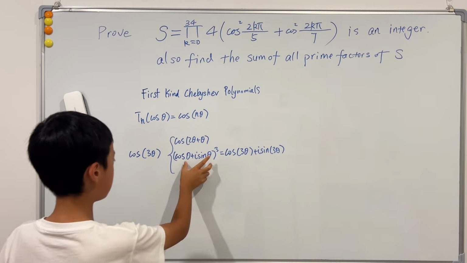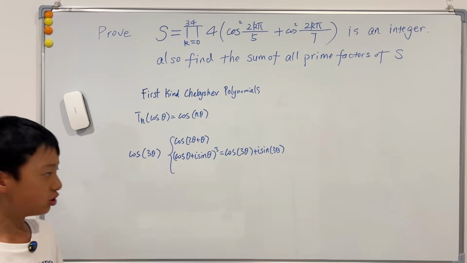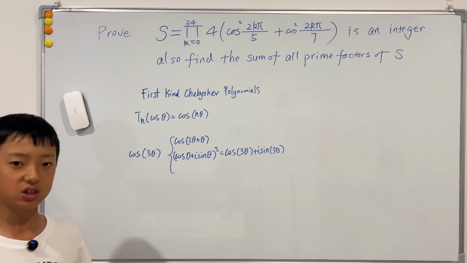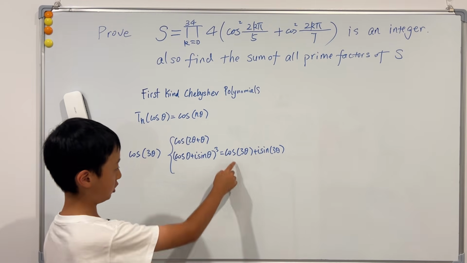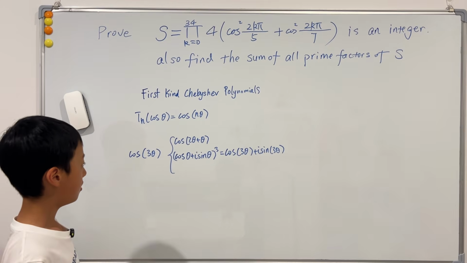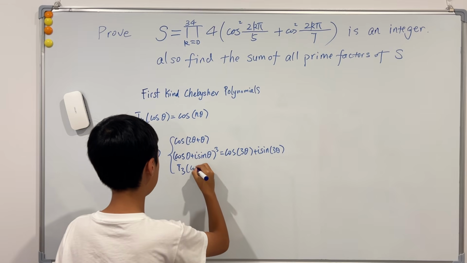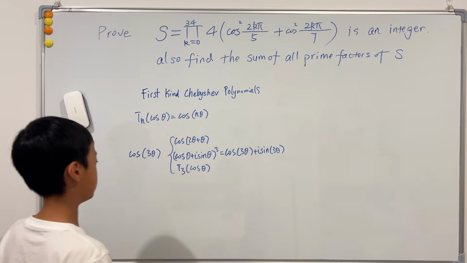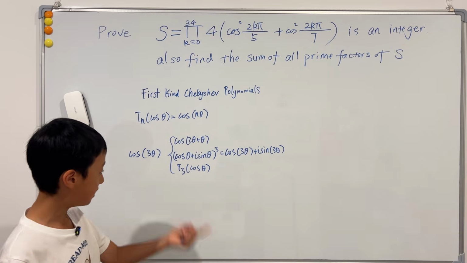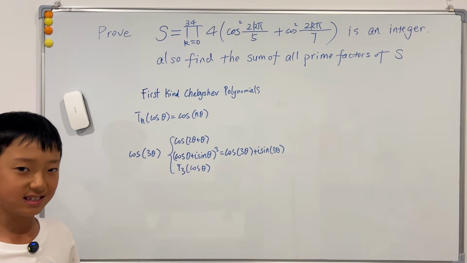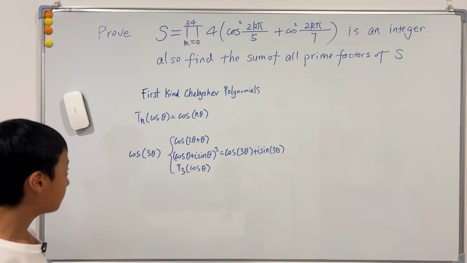And then we can expand this using binomial expansion and separate the real and imaginary bits, and the real bits will just be cosine of 3 theta. And of course, the third way is using Chebyshev polynomials, so T3 of cosine theta. And I think that this objectively is the easiest way of doing it.